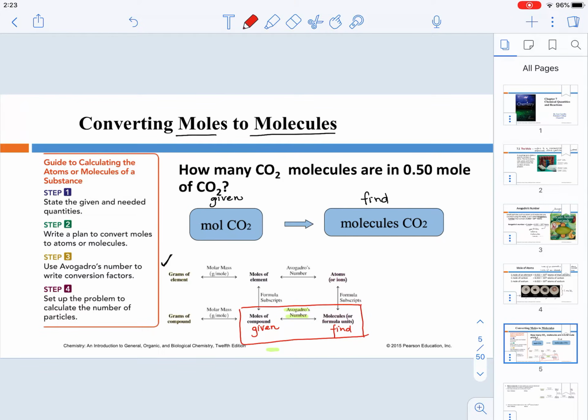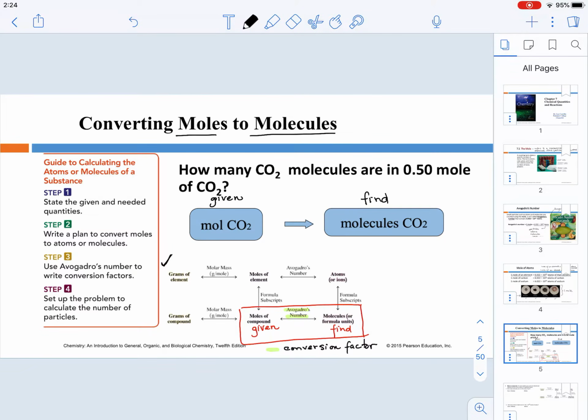That's going to be my conversion factor. In addition, as you can see, we have the steps of how to solve this problem on the left side of the slide. I already stated what is given and what is needed. I already did the plan of how to convert it. I understand that Avogadro's number, which I highlighted in green, is going to be my conversion factor. So I'm going to proceed to set up the problem.